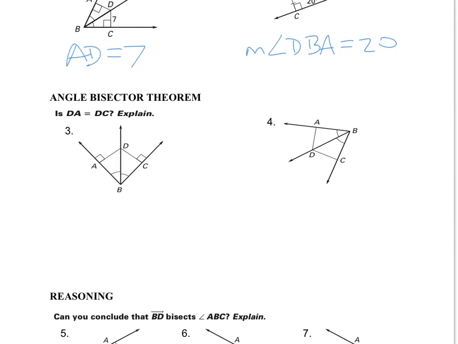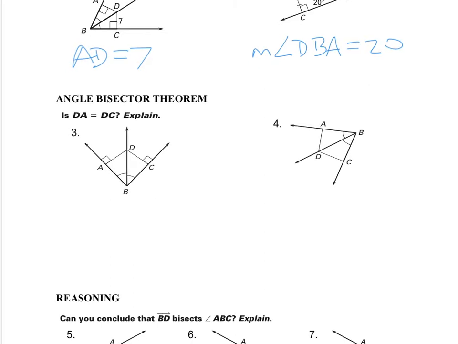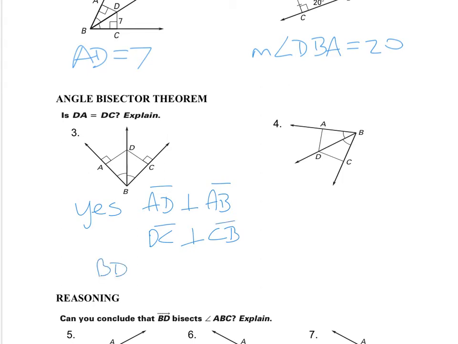Is DA equal to DC? Well, I can see that AD is perpendicular, DC is perpendicular, my two little angles are congruent, so yes, we have AD perpendicular to AB and DC perpendicular to CB, ray BD bisects angle ABC.